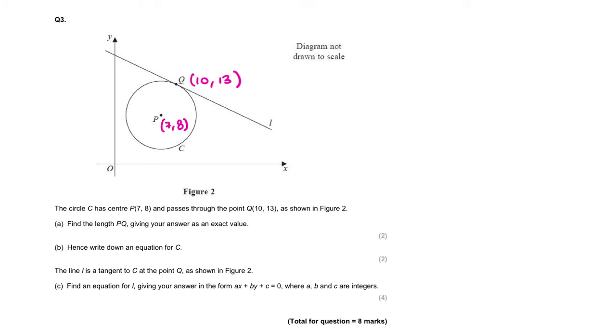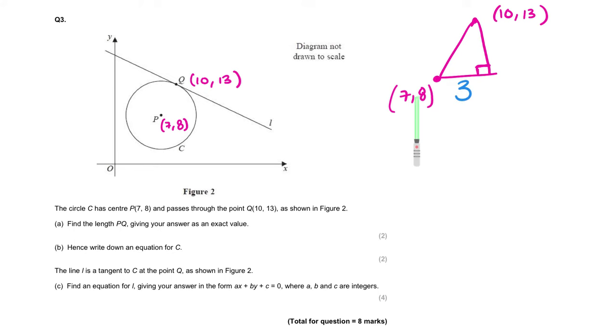Okay, again, how do we find the length? Remember, if we've got 2 points, we can treat it as a Pythagoras question by creating a right angle. This is (7, 8), and this is (10, 13). So I'm basically saying, how have I gone from 7 to 10? What is that? 3.